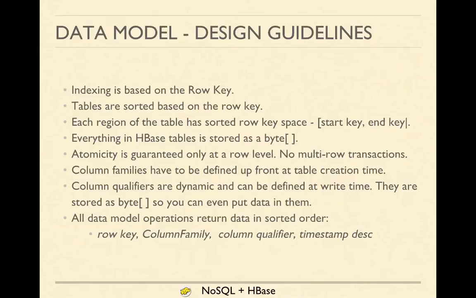There are no multi-row transactions allowed. Column families have to be defined upfront while creating a table. Column qualifiers are dynamic and can be defined at any time. They are stored as byte array, so you can put data inside column names. All data model operations return data in sorted order: row key, column family, column qualifier, timestamp, etc.